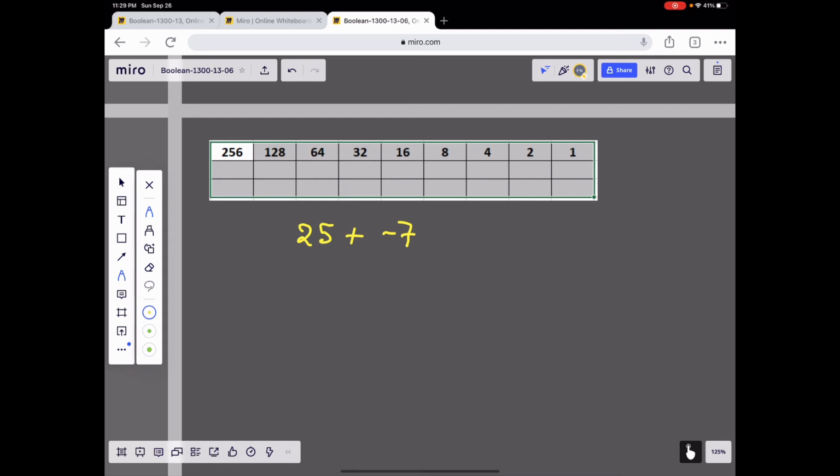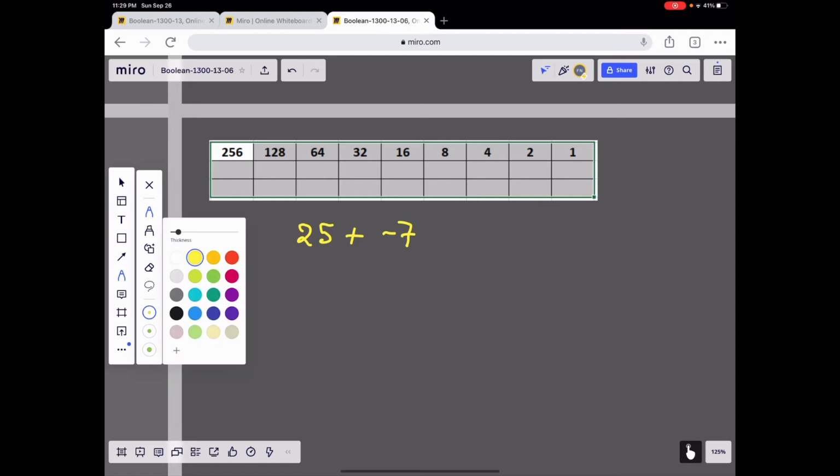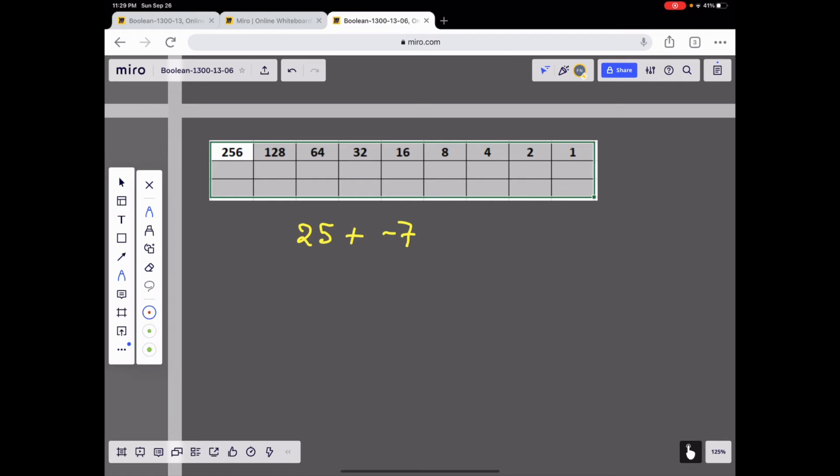So 25 is positive, so it has 0 as sign bit. Let's write out 25. That means 16 plus 8 equal 24 plus 1 equal 25.